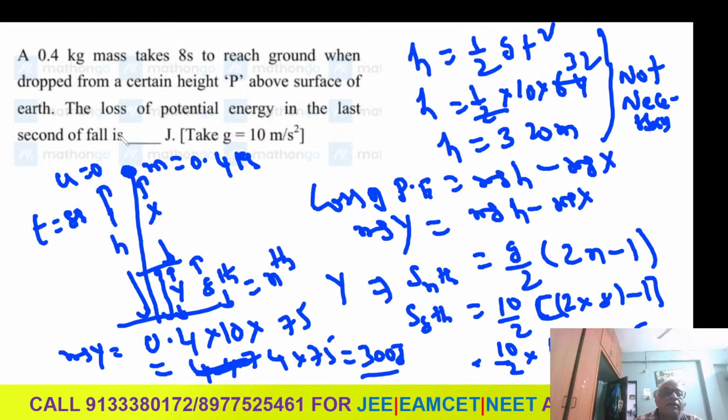The loss of potential energy is nothing but 300 joules here. So this is also not necessary calculation. Initially I had calculated it, but the loss of potential energy, mgh minus mgx, is nothing but mgy. Why I found it out multiplied by mg, I am going to get.